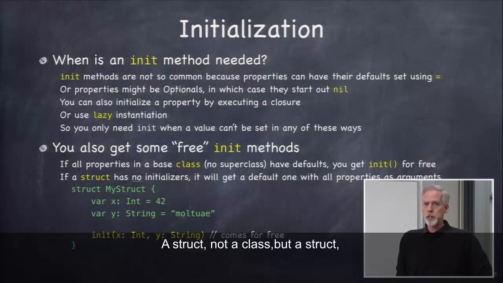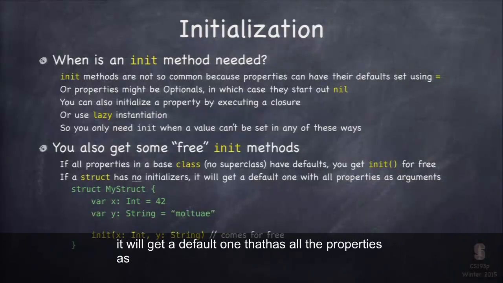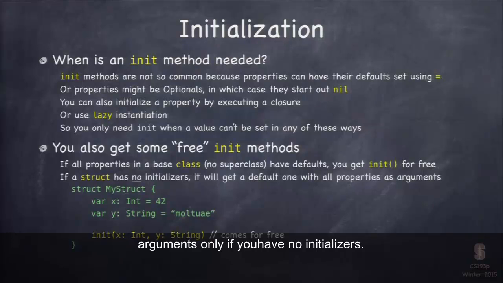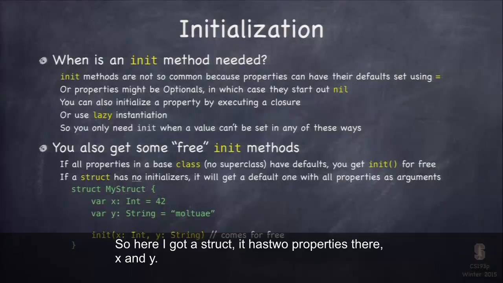A struct, not a class, but a struct, will get a default init that has all the properties as arguments, only if you have no initializers. So if you had a struct and you gave it no initializers, you would get one for free, where all the arguments match all of the vars and lets you have. So here I've got a struct.